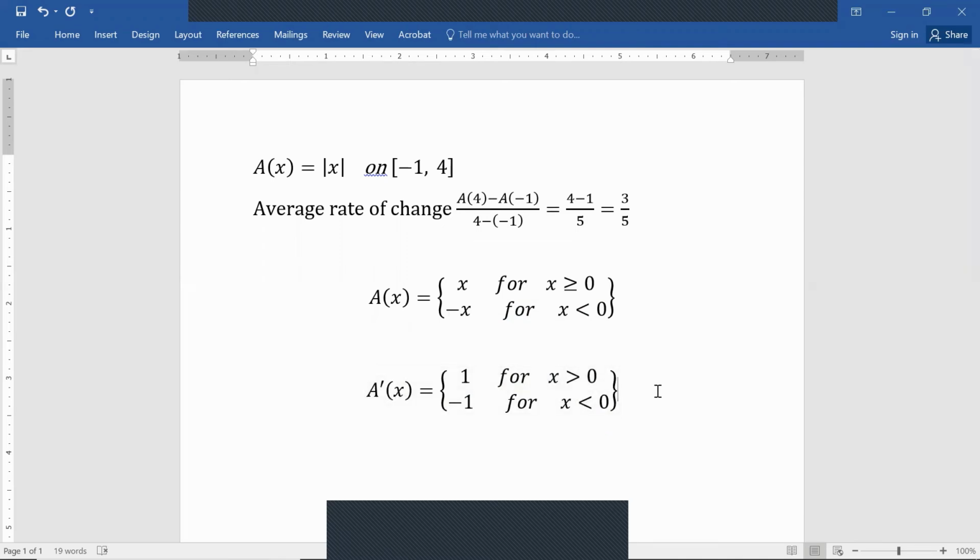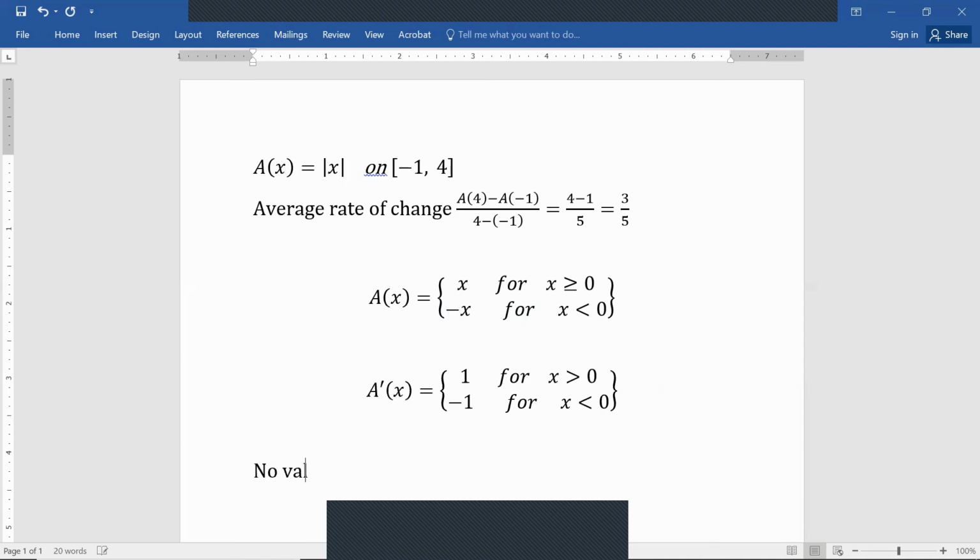So in this case, again, the average rate of change was not equal to an instantaneous rate of change for any value of x.